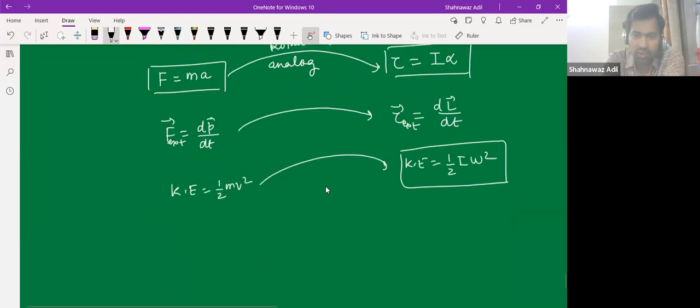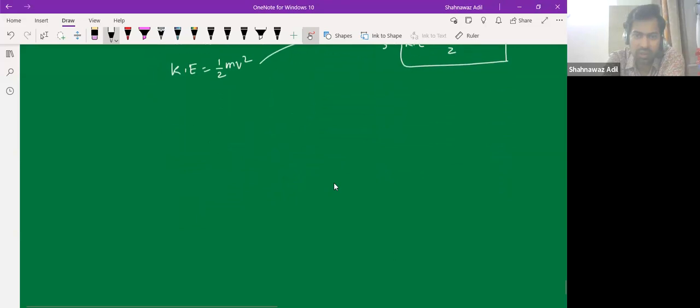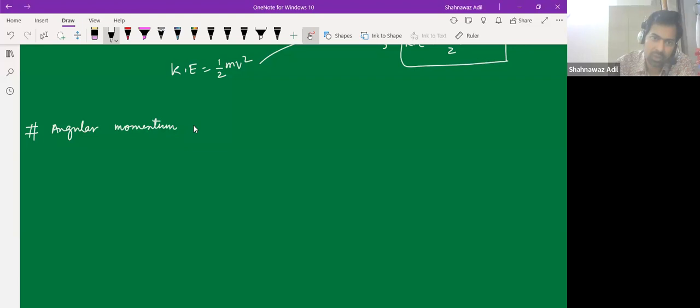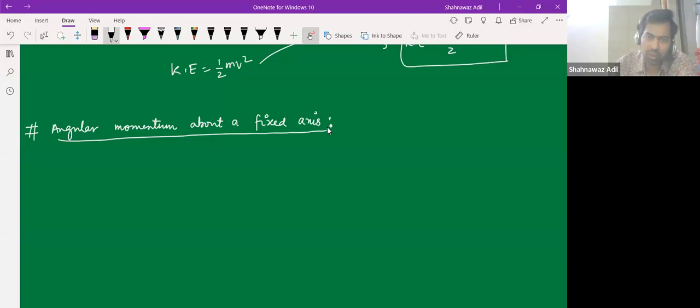Okay, so then let us talk about the angular momentum about a fixed axis.